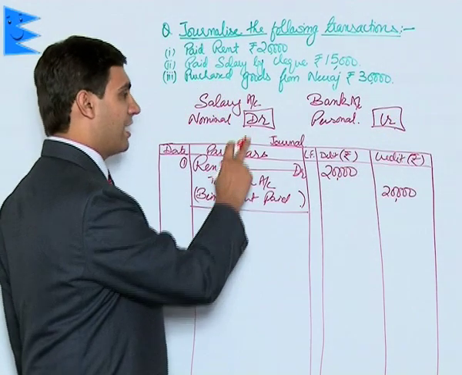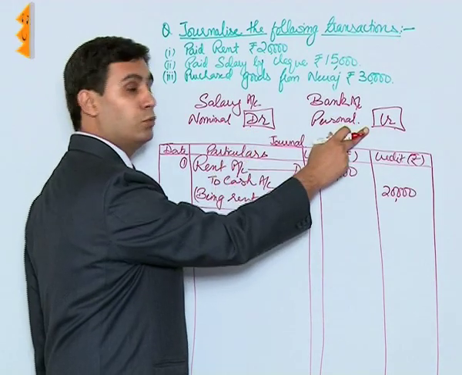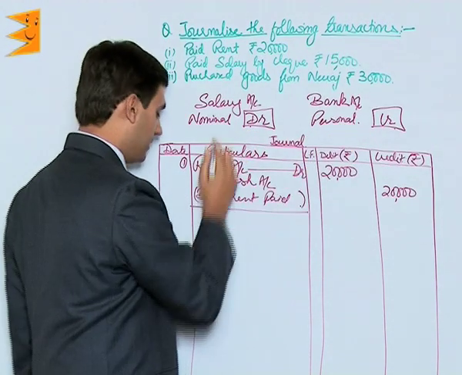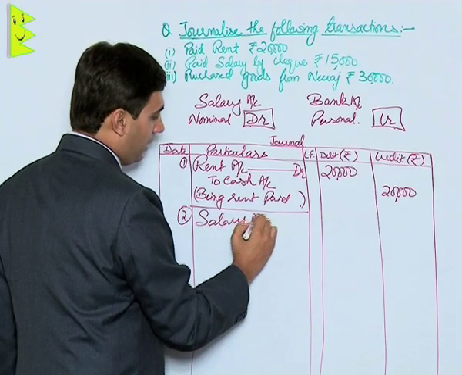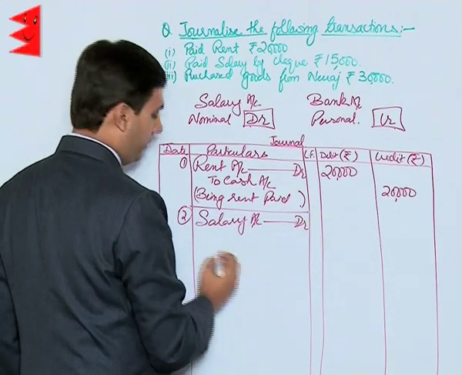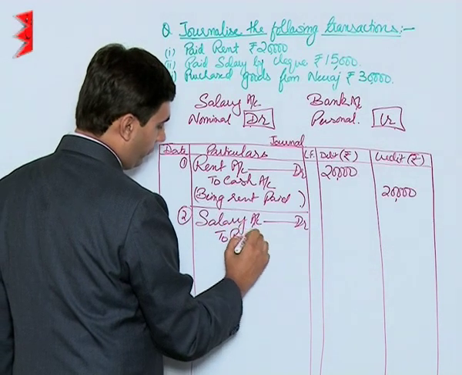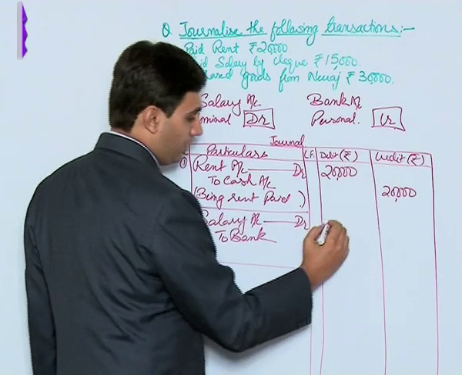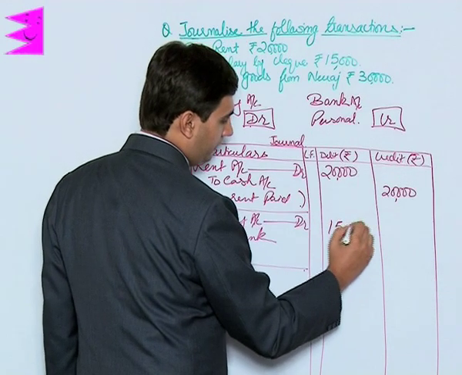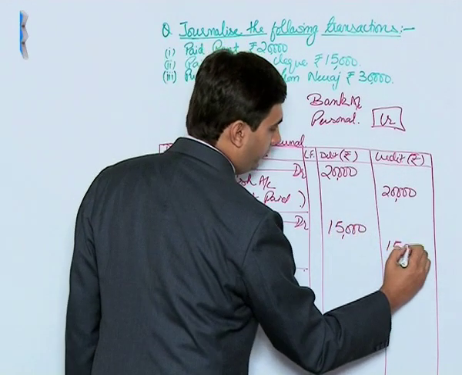So now we have salary account debited to bank account. Since salary is being debited, it should be written first, salary account, in front of it debit to bank, and the amounts are 15,000 here, and in credit also 15,000.